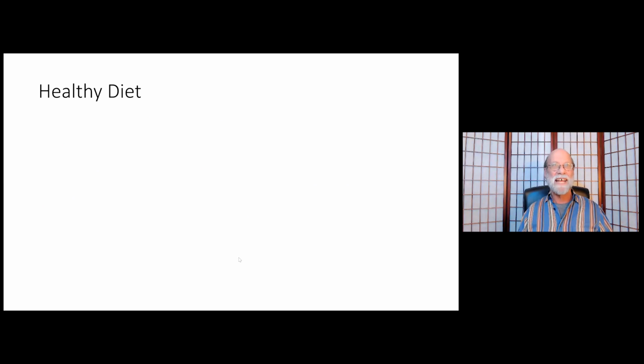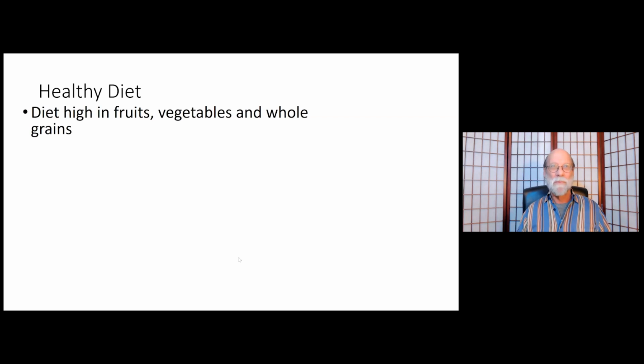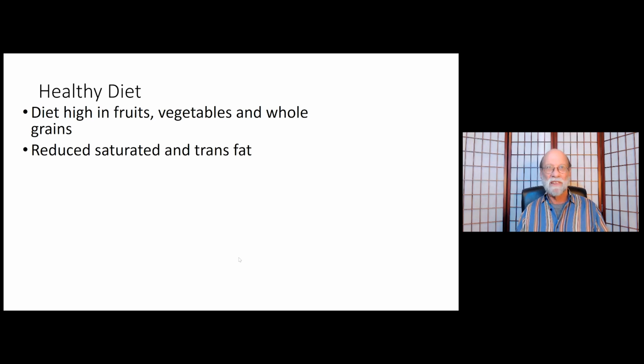In terms of healthy diet, there are so many aspects of this, and this could be several hours of a talk, but just the high level is that we need to eat a diet that's high in fruits, vegetables, and whole grains. And we can have these as goals and aspirations. I often put it, we need to move in the direction of more fruits, more vegetables, more whole grains. We need to move in the direction of less fat, less saturated and trans fats in our diet. And in fact, it's okay to eat unsaturated fats.